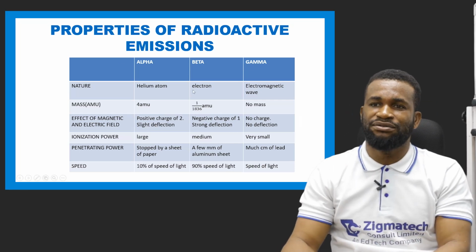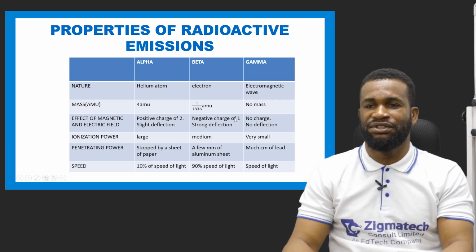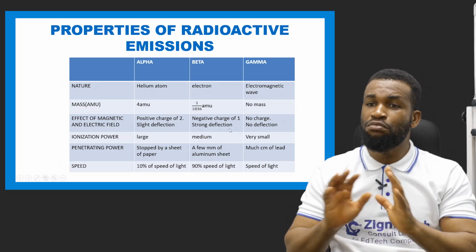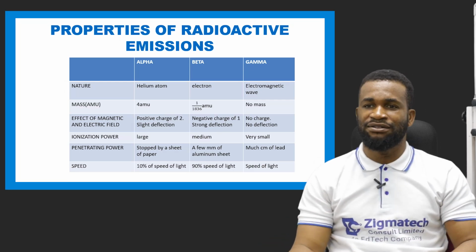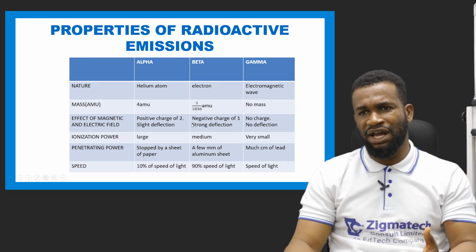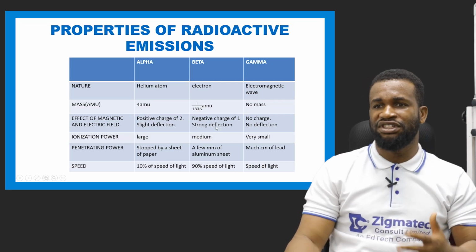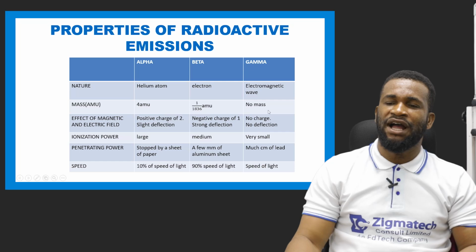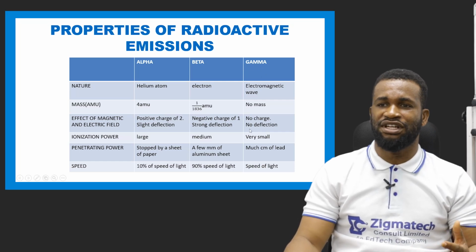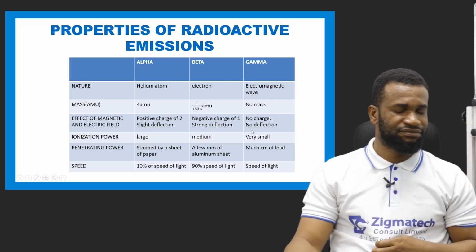The beta particle has a charge of 1 unit and a very strong deflection. It deflects more, with a very high angle of deflection compared to that of the alpha. Of course, you know why? Because it has a very small mass. The mass is too small, so the deflection will also be very high. And then the gamma ray does not have any charge, and therefore it does not deflect at all.